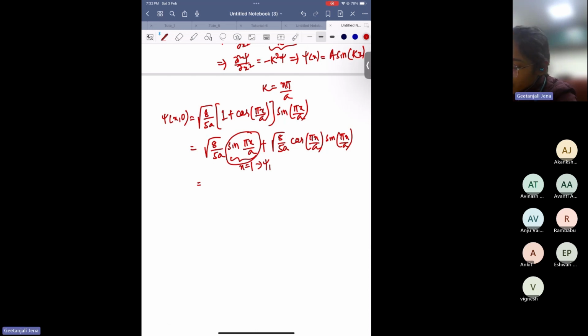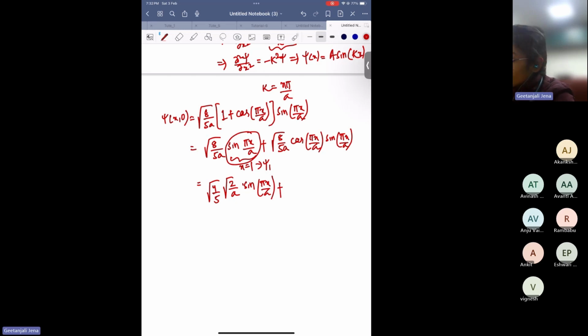So you have to express it in terms of the normalized form: take out the root over 2 by a, and there will be root over 4 by 5 here, and sin pi x by a for the first term.